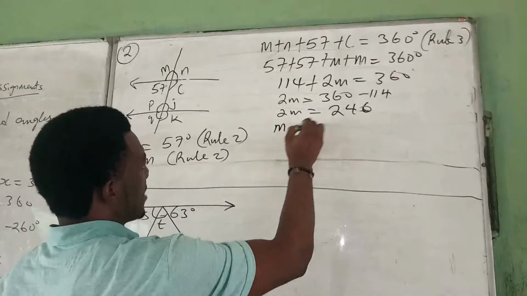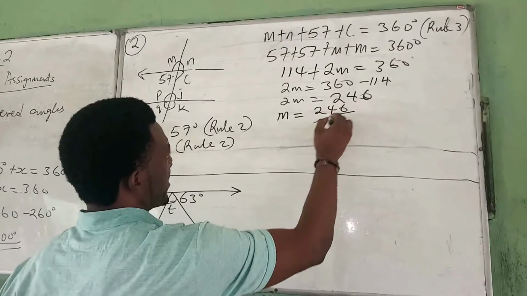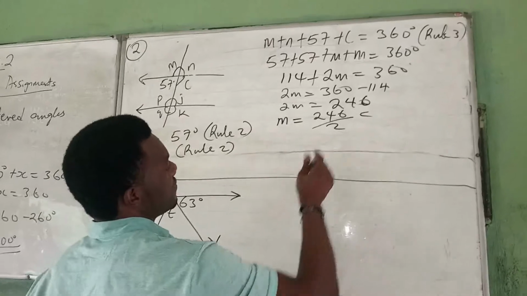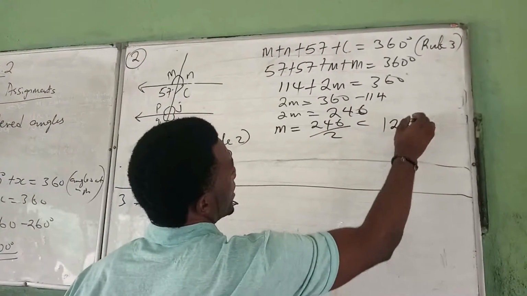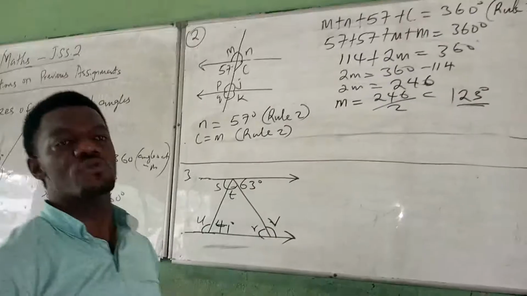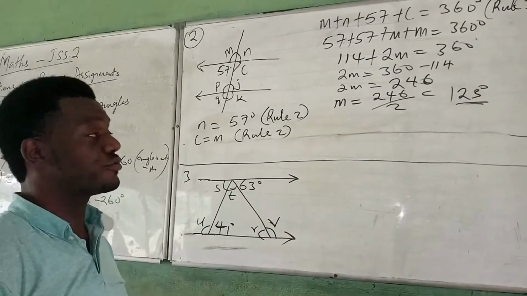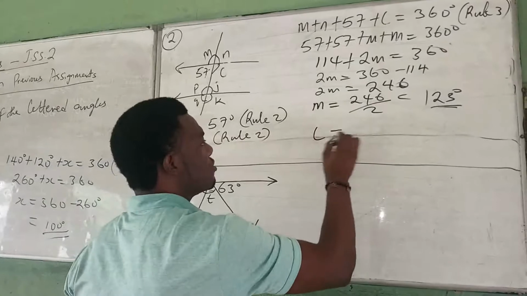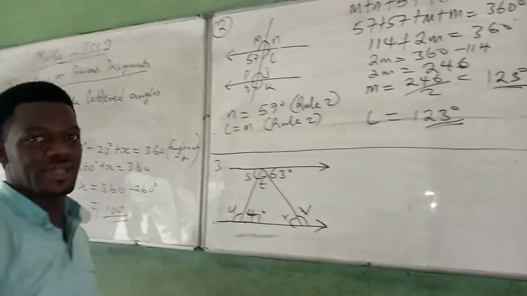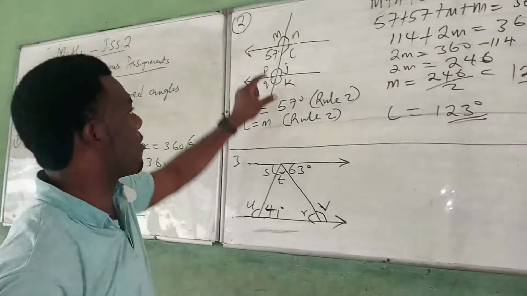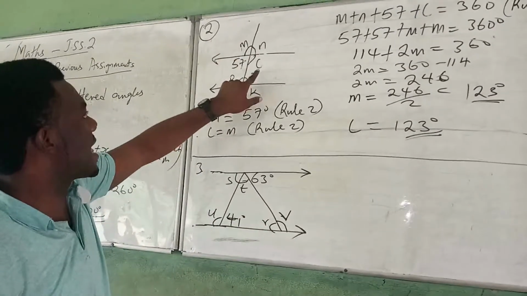Then our M now will be equal to 246 divided by 2, and that will give you 123 degrees. So if M is equal to 123 degrees, it means that L will also be equal to 123 degrees. They are just equal. So that's for M and L.